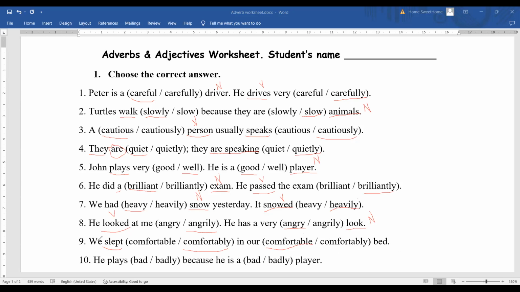Adjective. He plays bad or badly. The way he plays we need to describe. That's why we need the suffix ly, because he's a bad or badly player. No badly anymore, so just bad player, because we're describing the player.